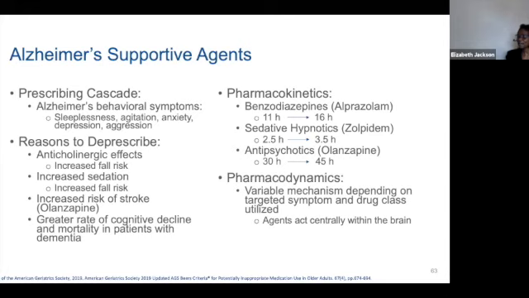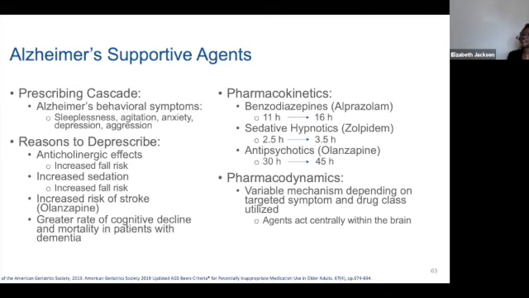And the pharmacodynamics is also going to depend on the drug. And these drugs act centrally within the brain. The reason to deprescribe in this scenario is there's anticholinergic effects of multiple drugs. There's going to be increased risk of falls.